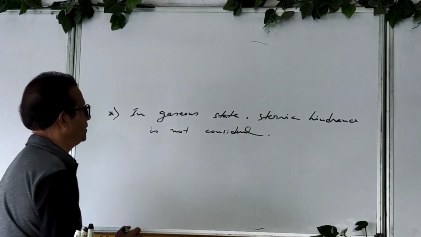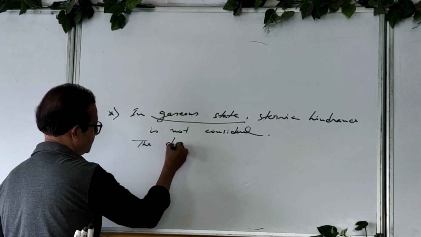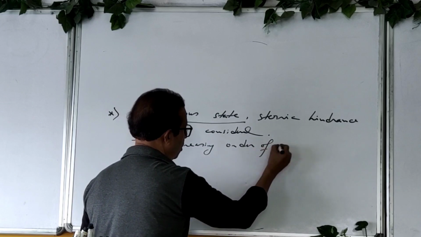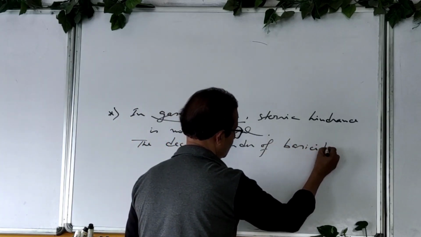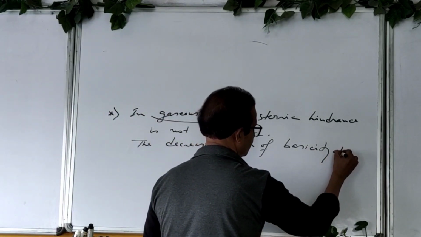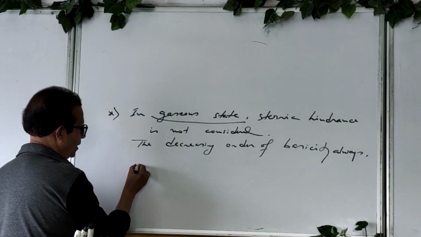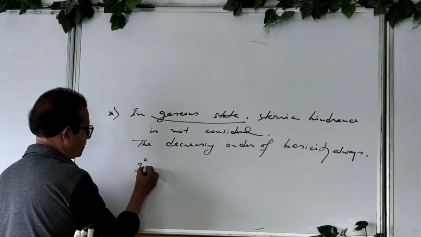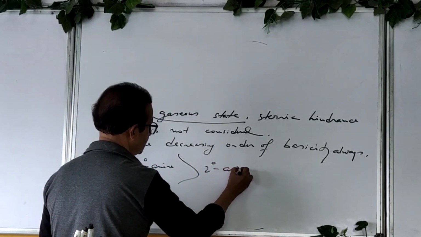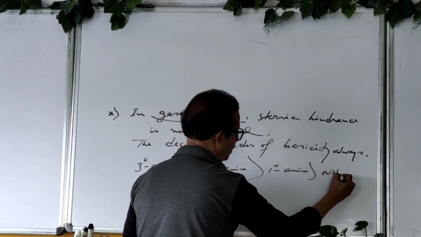So in gaseous state, the decreasing order of basicity is always 3 degree amine greater than 2 degree amine greater than 1 degree amine greater than ammonia.